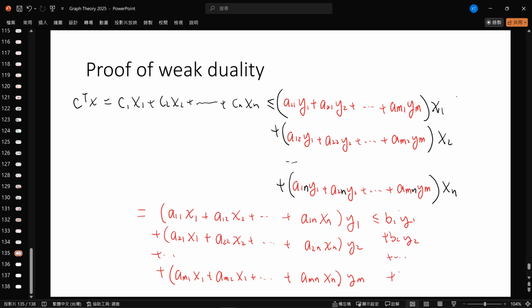So we have this relationship, and this is due to the assumption that x is a feasible solution for the primal problem.